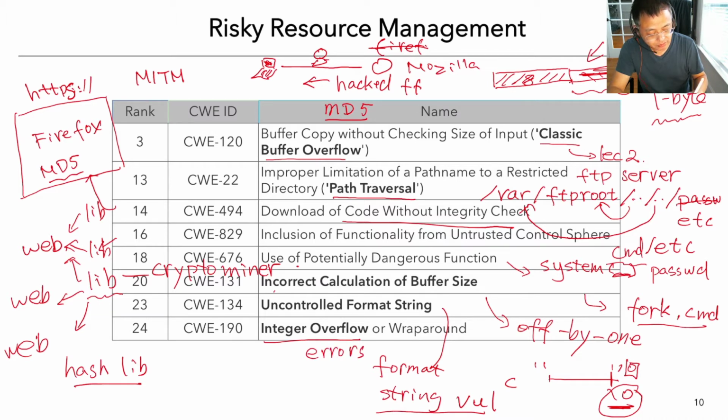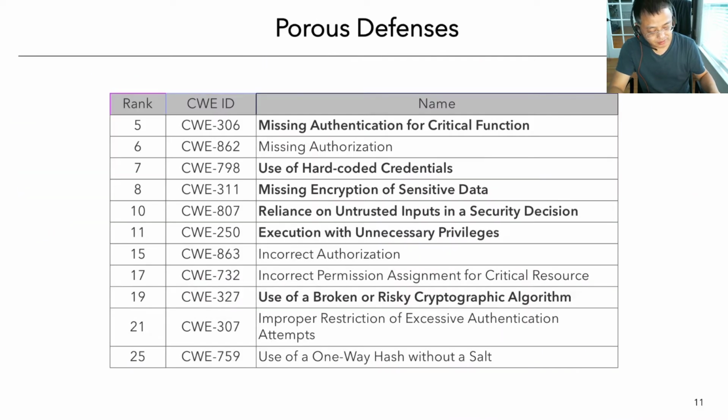So all kinds of integer errors. Sometimes it's overflow, sometimes it's wrap around, or sometimes it's the signedness, whether it's positive or negative. So this is the second category, risky resource management.